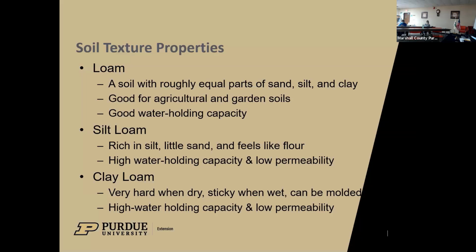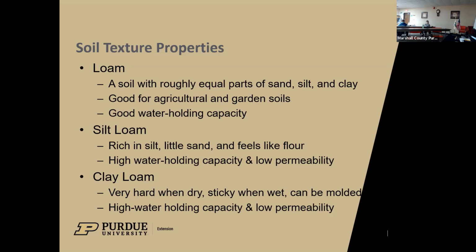So when we're looking at the loam, like my Napanee loam soil, it's good for agriculture and garden soils, with good water holding capacity, and it's roughly equal parts of sand, silt, and clay. A silt loam, rich in silt, little sand, feels like flour, and will have a high water holding capacity and low permeability. And then a clay loam, due to that clay influence, is very hard when dry, sticky when wet, and can be molded.